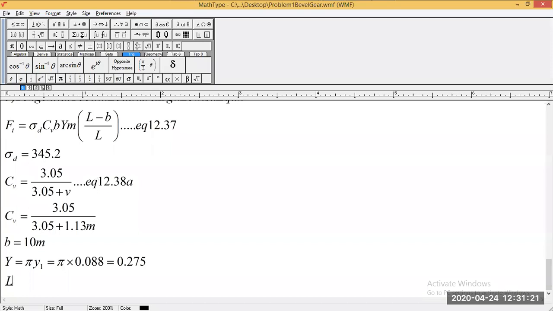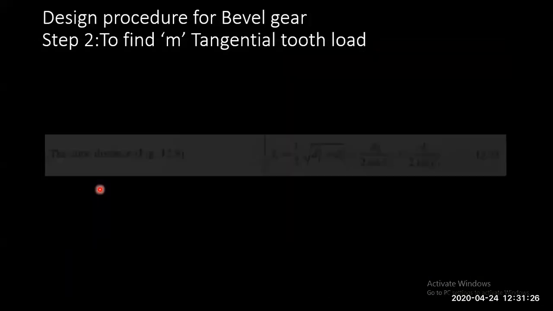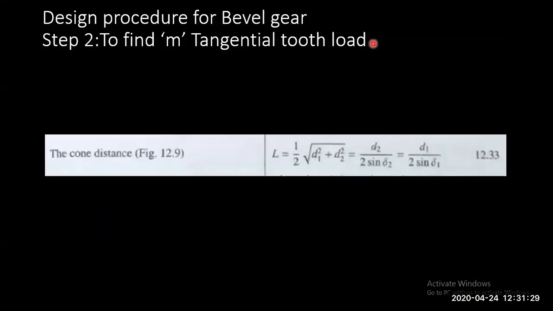So we have Y, m is required, and only L is required. For L, let's go back to the presentation. L is nothing but the cone distance. L, we will note down either of these formulas. We don't have D, so you need to write it in terms of M and Z. Any one will do, so let's note down this last one, whichever is feasible.